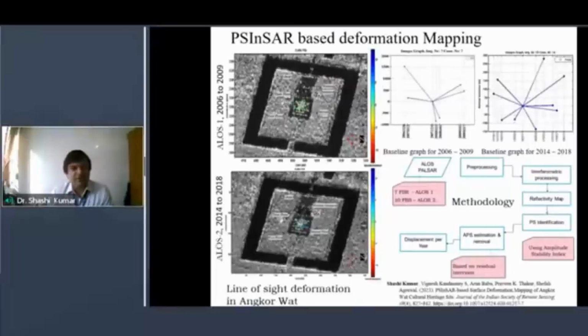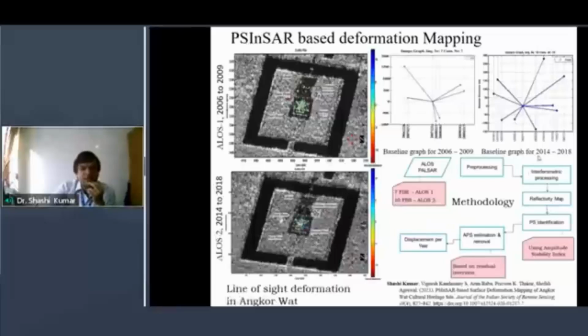When we did the analysis for the study area, for most of the locations we found that the temple is stable, because no subsidence was detected. If you see the 2006 to 2009 data set, most of the places are showing green, which indicates zero subsidence.